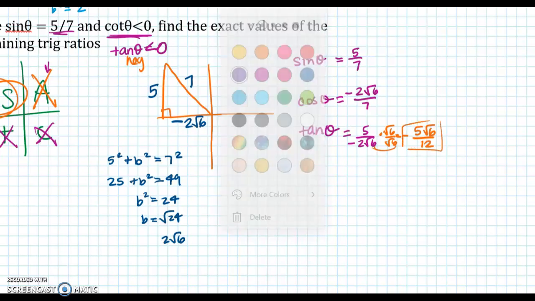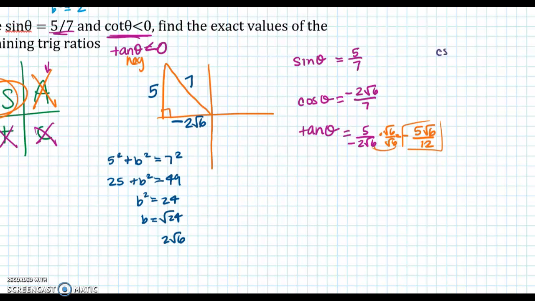And then the secant, flip that fraction, so we have 7 over negative 2 root 6.